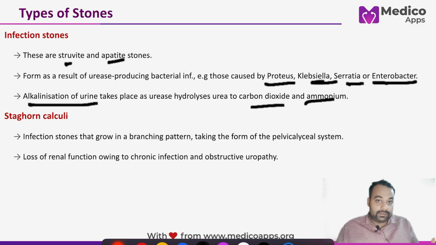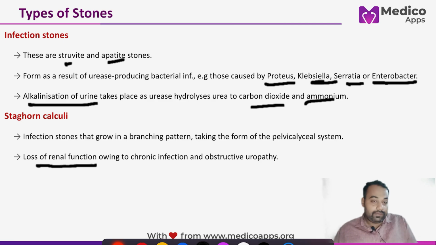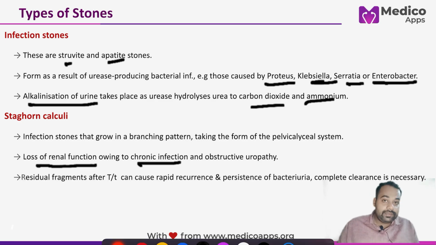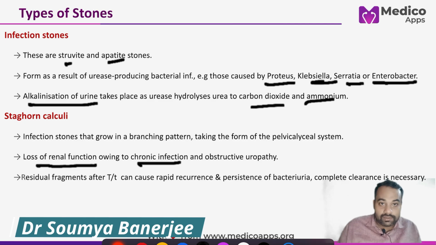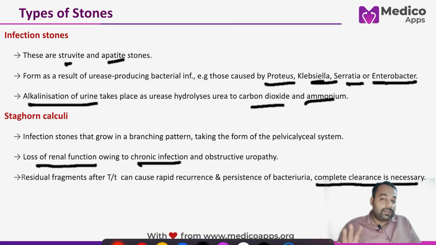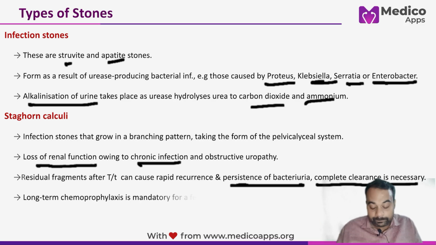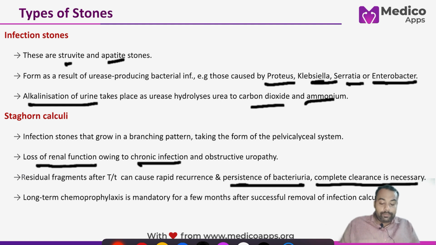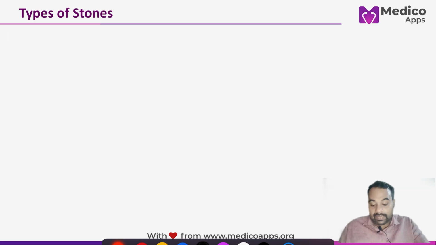This kind of stone eventually presents with obstructive uropathy, and subsequently there is a loss of renal function associated with some chronic infection as well. Recurrence is pretty common in such cases, so complete clearance is very necessary, because the persistence of bacteria is associated with this recurrence. Long-term chemoprophylaxis is sometimes mandatory in such cases, just to remove that nidus of infection.